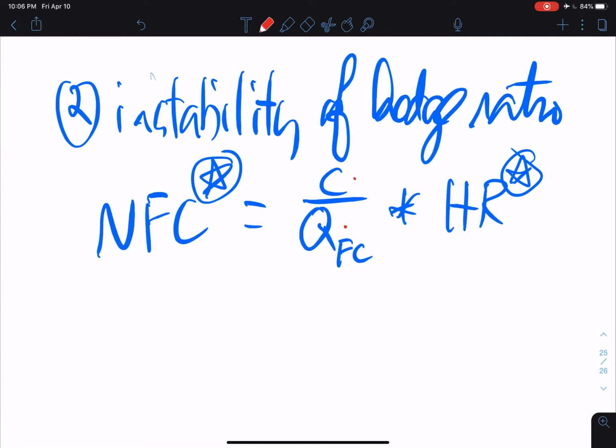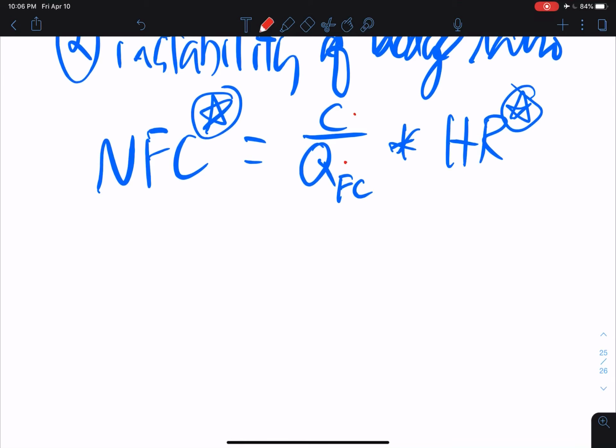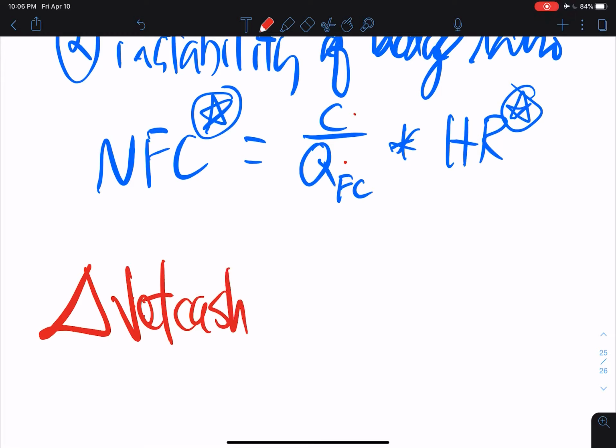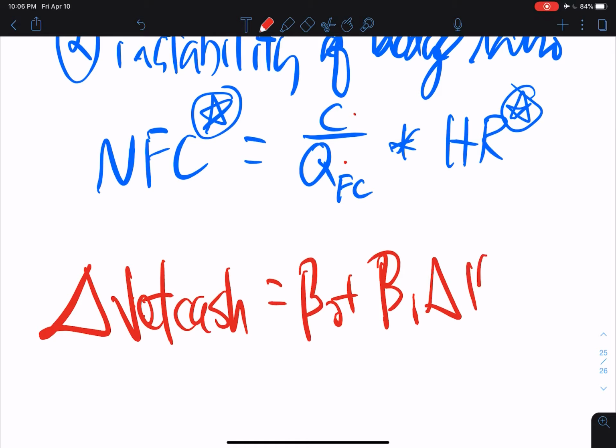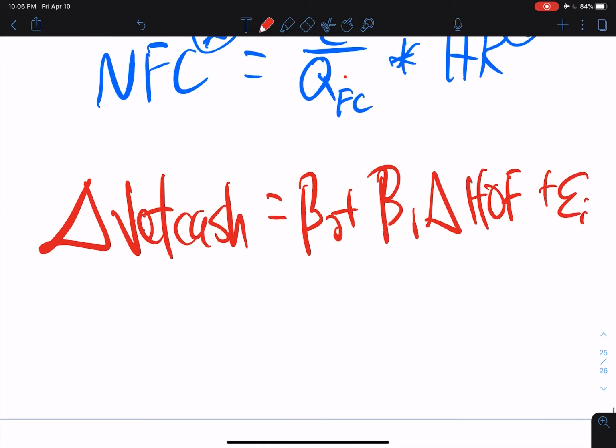Let's kind of look at that for a second. Let's assume that we're regressing the change in jet fuel spot assets. So change in jet cash equals beta naught plus beta 1 times the change in heating oil futures plus the error term. And let's assume that we have monthly data, for example.